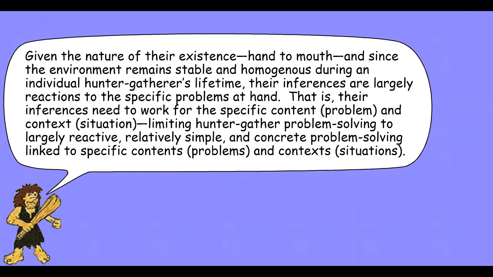They're probably not worried about things that are going to happen 3 days from now. So their inferences need to work for the specific content, the specific problem that they're faced with, and the specific situation in which that problem confronts them. And this pretty much limits hunter-gatherer problem solving to largely reactive, relatively simple, and concrete problem solving that's linked to specific contents.